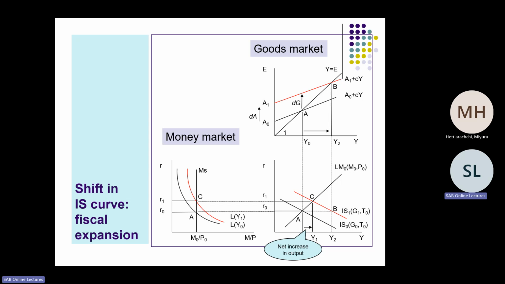Now, can you explain this story? With the expansion of fiscal policy, what happened to the income and the interest rate? This is the story behind the screen. Using the money market, you can incorporate money to explain this equilibrium.